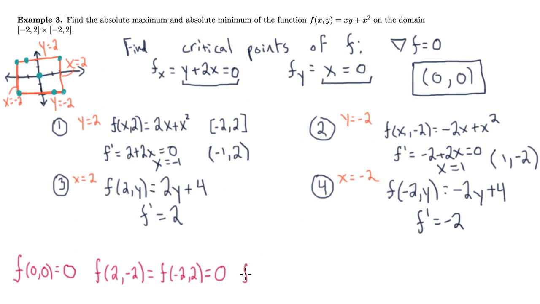So we can also look at f(2, 2), and I think this is actually going to be the same thing as f(-2, -2), which is going to be 8, right? So 2 times 2 is 4, or -2 times -2 is 4, plus 4 is 8. Okay, and then what are the other two? (-1, 2).